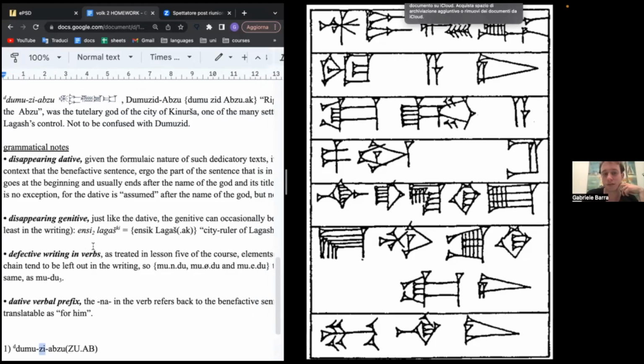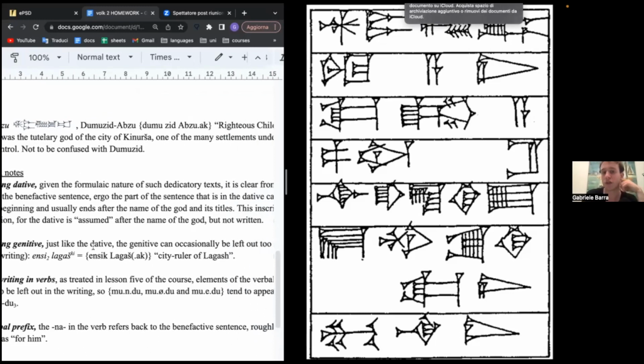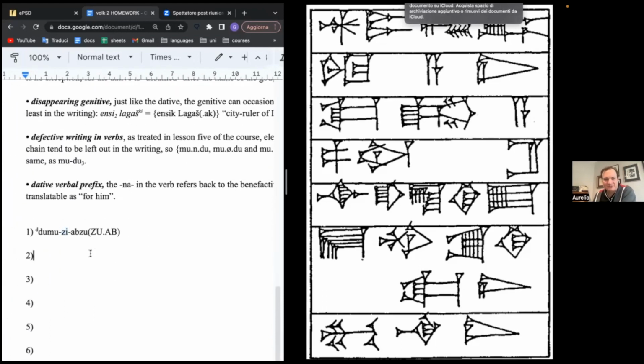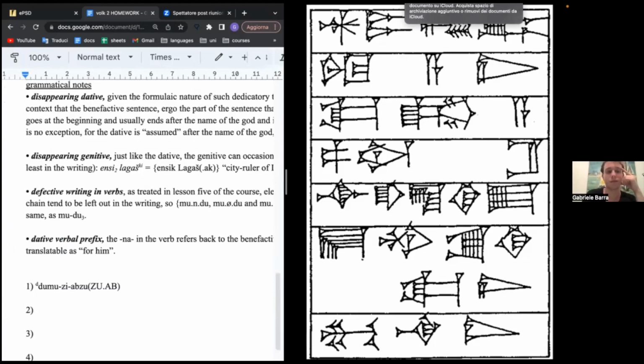Just, good, righteous. Got it. Okay. Righteous child of Abzu. Okay, interesting. So the whole thing presumably is a name, or more specifically a divine name. Right. Hence the ding at the beginning. Okay. Correct. All right. Let's hand over line number 2 to somebody else.